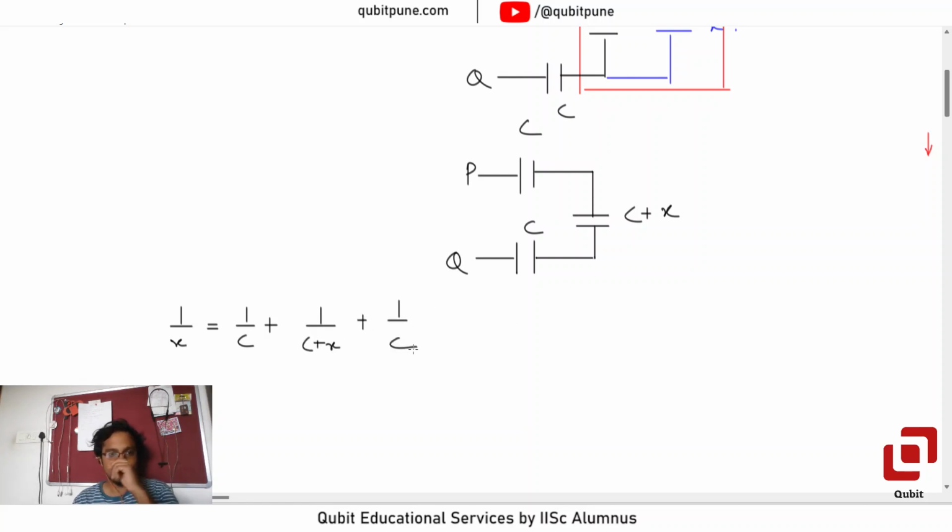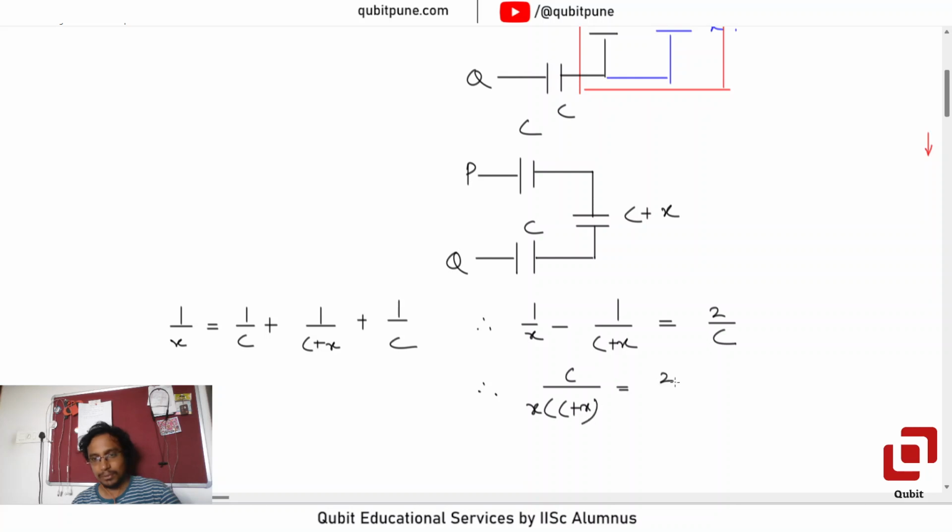Now you are supposed to solve this equation to get X in terms of C. Get 1 upon C plus X to LHS, keep 1 upon C terms on RHS, take LCM, X will get cancelled. X into C plus X equals 2 by C, correct?